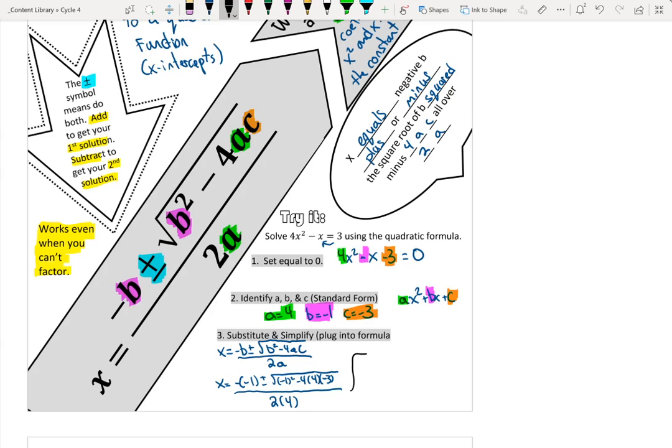If I bring this up and continue to simplify, I should get x equals 1, and the negatives cancel out, plus or minus the square root of 1 minus 40, or minus negative 48. I don't include that negative in the bracket with the multiplication, so I have to subtract whatever number I get.